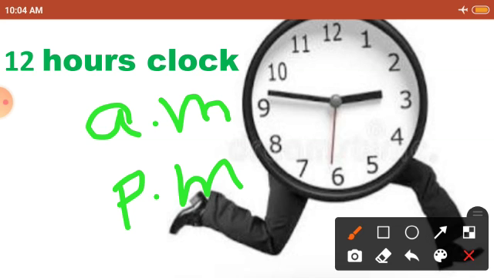And PM is post-meridiem. This denotes after 12 o'clock or after midday. So, when we say the time, we use these terms to denote whether it is morning or evening. With the help of the terms, we can simply identify that.